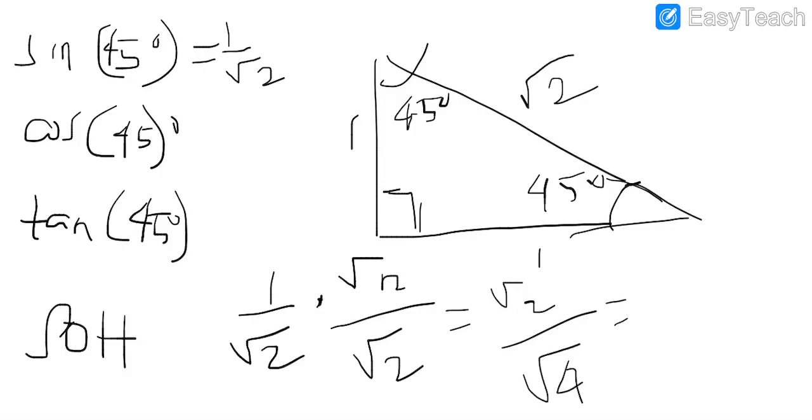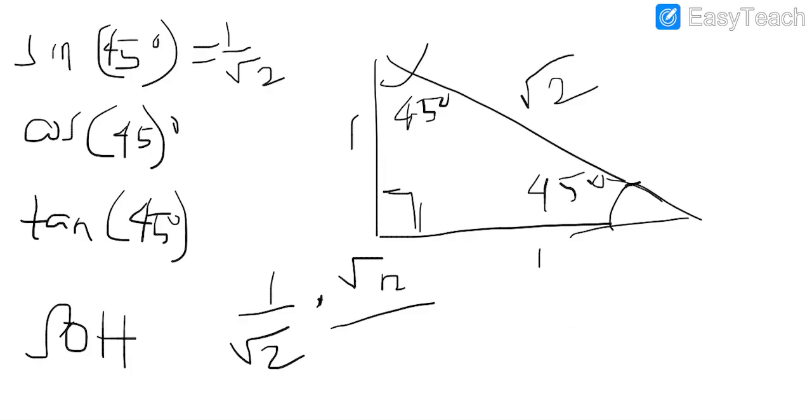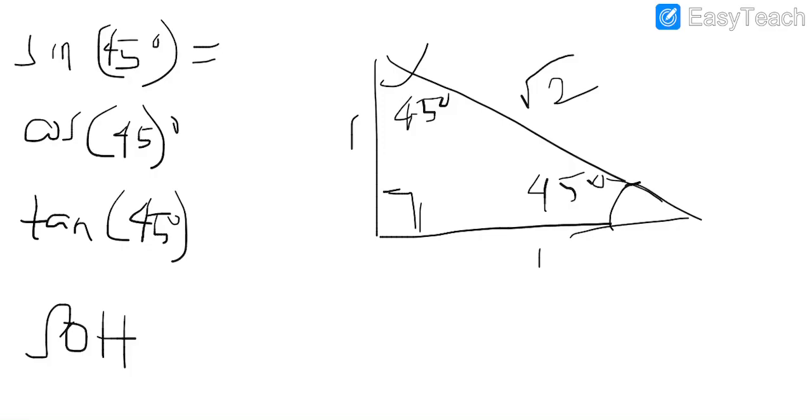So the numerator, copy square root of 2, and the denominator, square root of 4, that is 2. So our final answer for the sine of 45 degrees is square root of 2 over 2. Okay, let me just replace that here. So this is square root of 2 over 2.